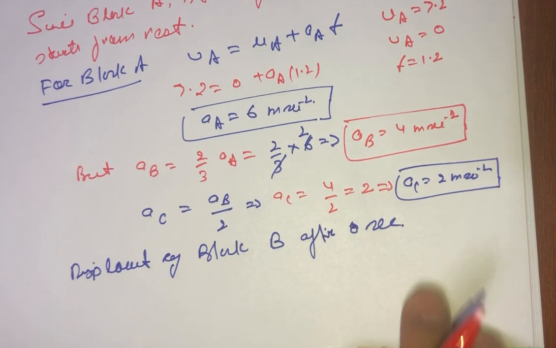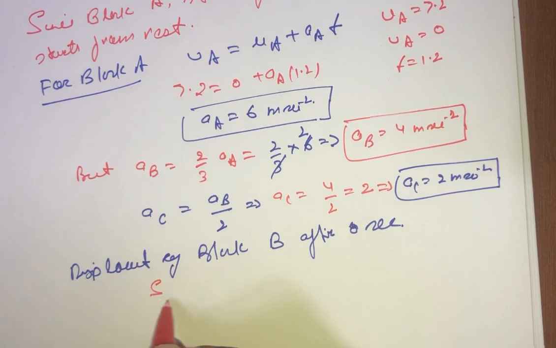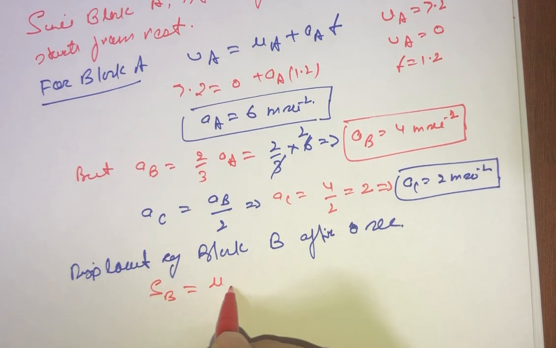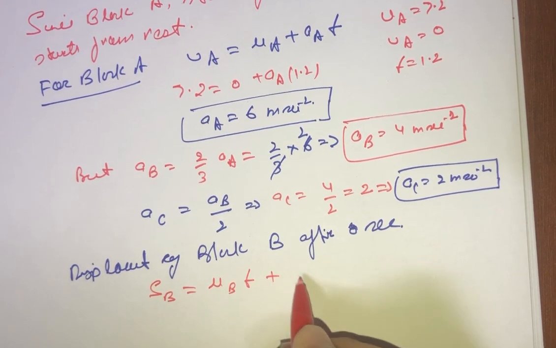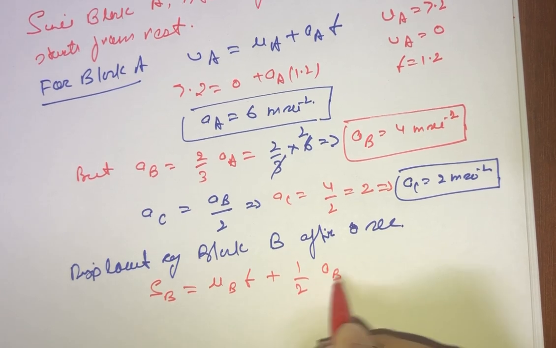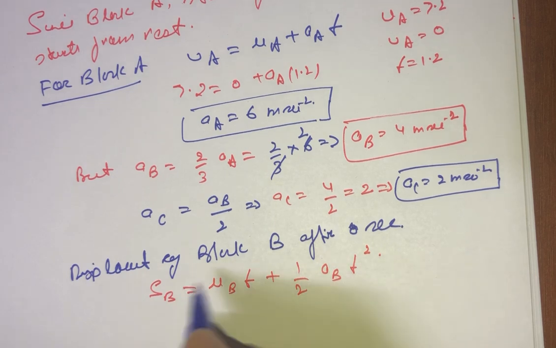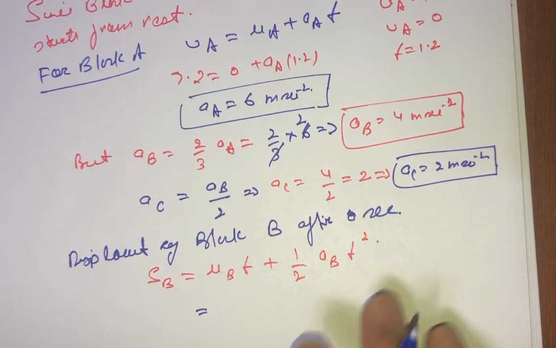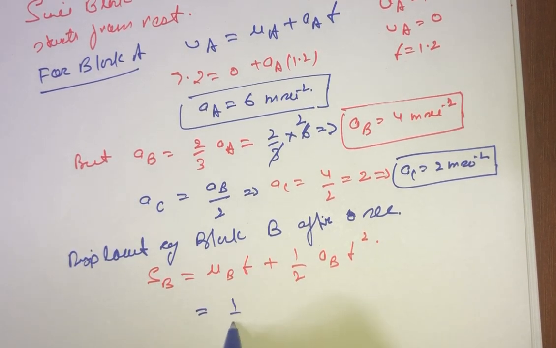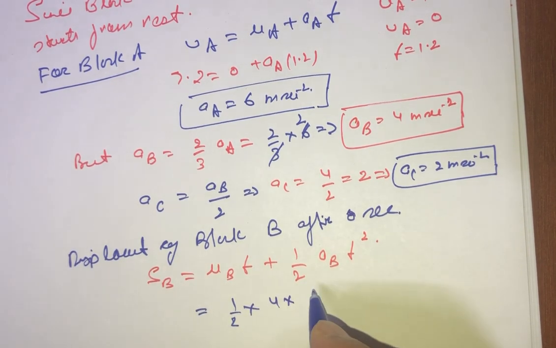We use the formula SB is equal to UB into T plus half AB T square. So UB is 0, so we get half, acceleration of B is 4, and time is 8, so this will be 64.